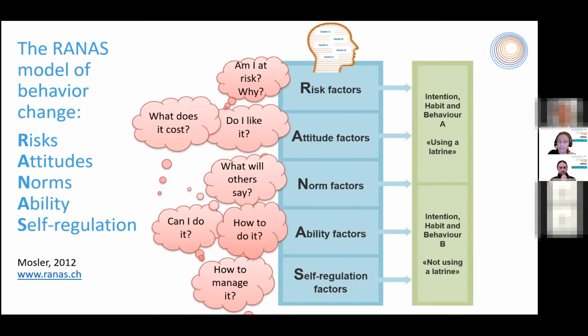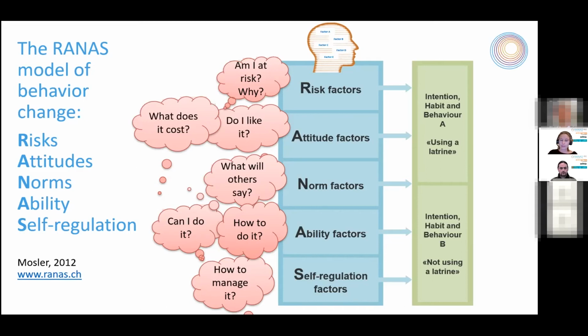Then we have attitude factors, that is about emotions, but also cost benefit evaluations are also attitude factors. Then we have the normative factors, that is what do my peers do, or what do important other people do, and is it going to be approved, or am I a weird person if I do that?